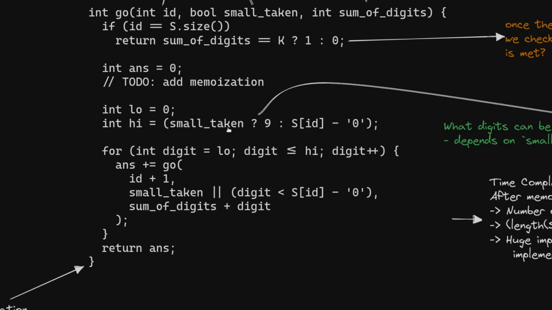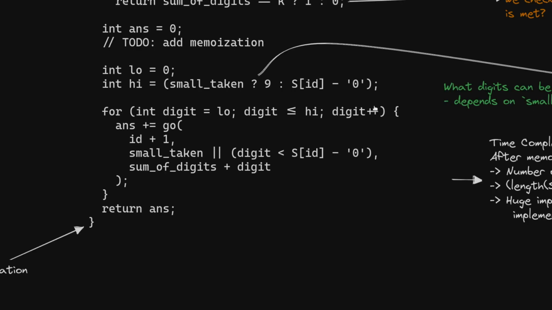So if a smaller digit is taken, then the limit for the maximum digit that can be inserted in that position is 9. If it is not, it is the ith digit in the string representation. So I will insert all these digits, I will go to the next index, and I will also update the small taken value for the next state.